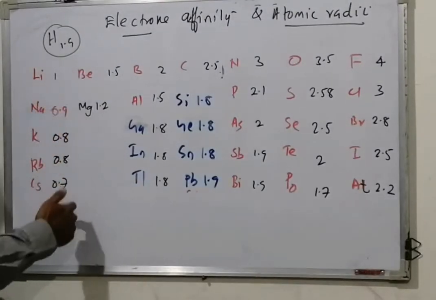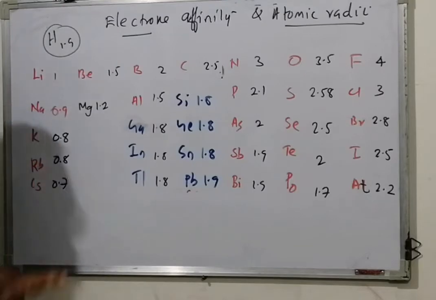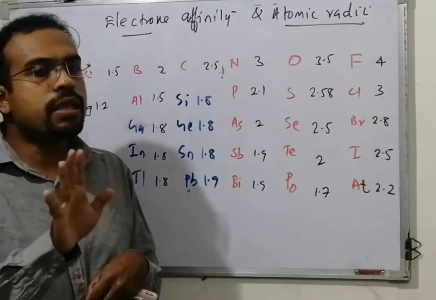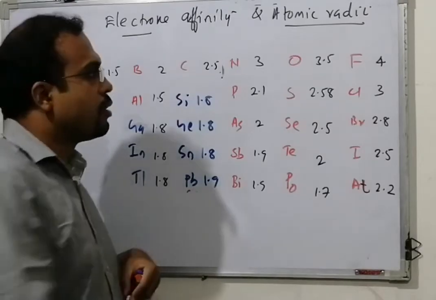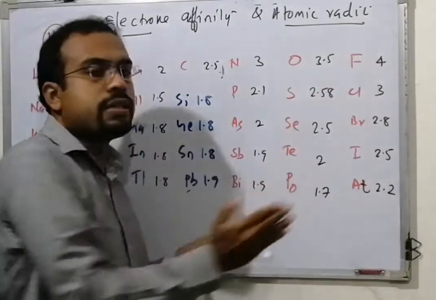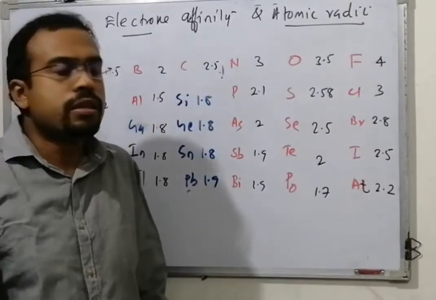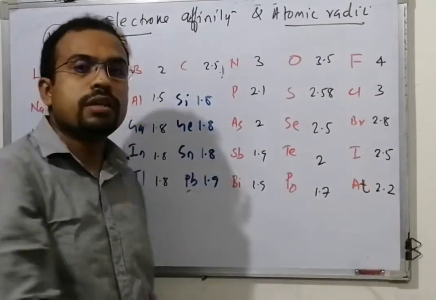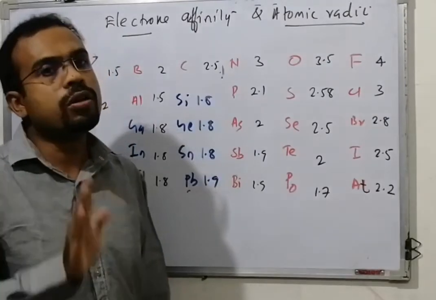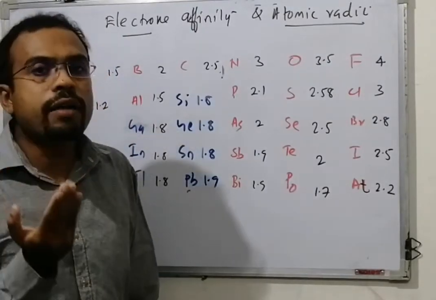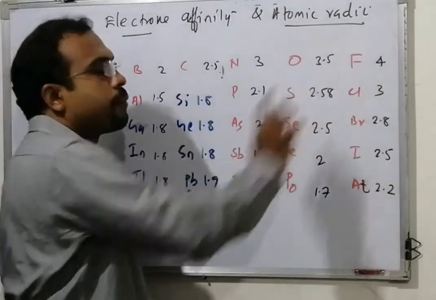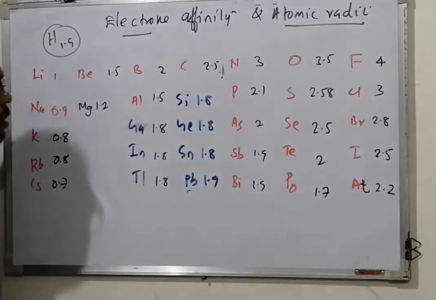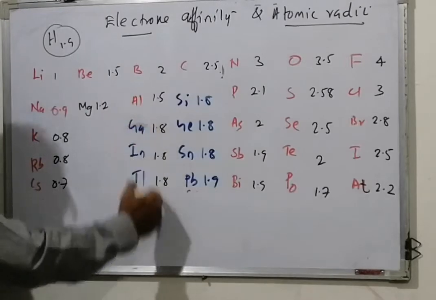Therefore, down the group, electronegativity generally decreases, but that is not a regular trend. In the second and third periods there is a considerable decrease, but in the rest of the periods there is a decrease not of such a high magnitude. Boron to thallium will decrease, then increase.